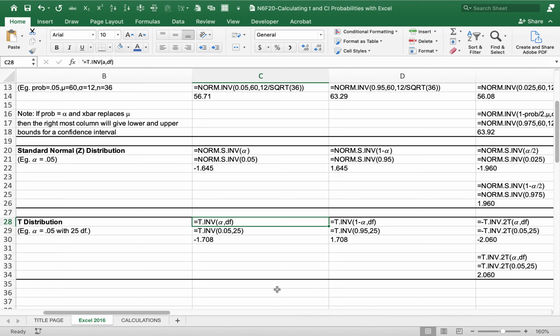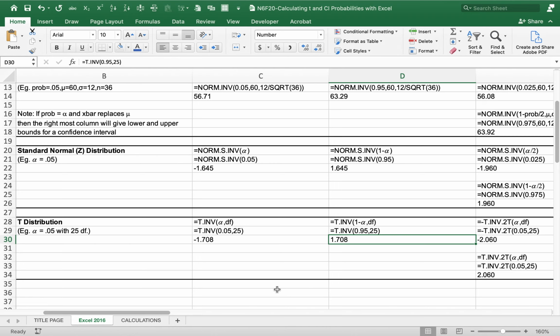It will give you the t value corresponding to an area from some point down. So this is saying that minus 1.708 is the t value in a t distribution of 25 degrees of freedom that has 5% in the lower tail. 5% in the upper tail, which means 95% down, would be positive 1.708.